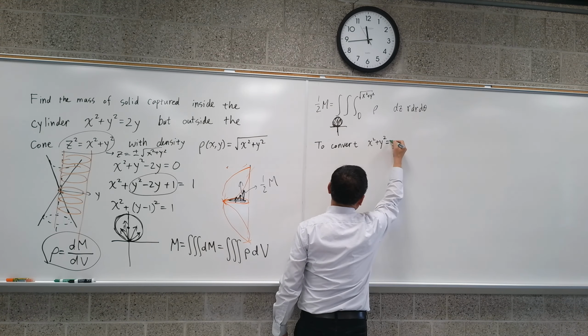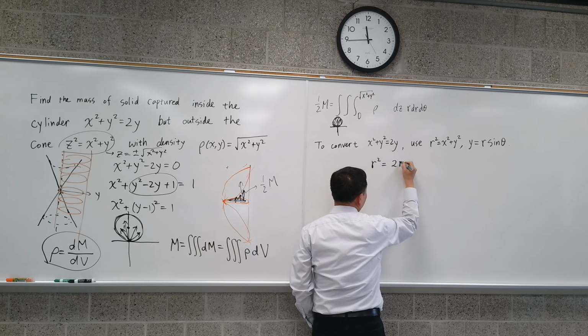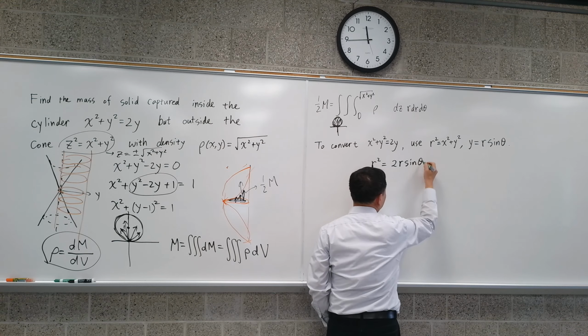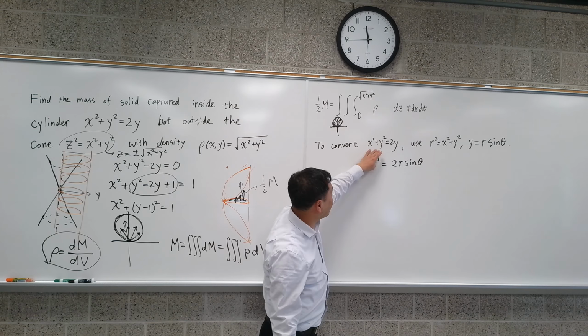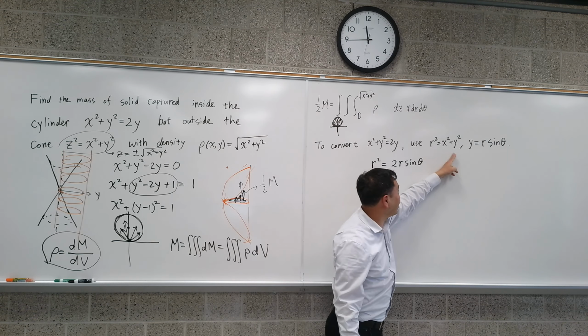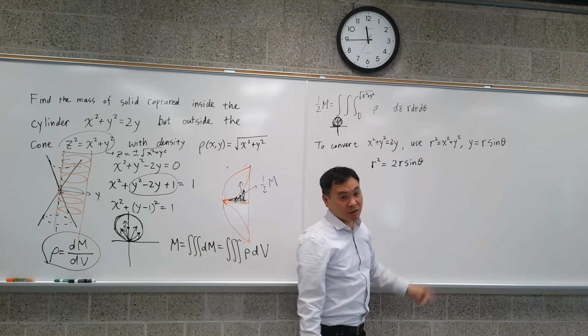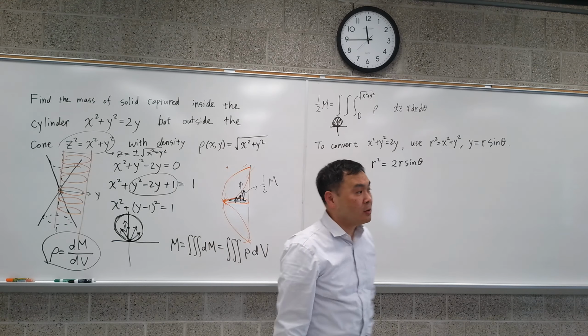So we use that, and let's see what we get. This side is going to give you r squared. On the right side we get 2 times y, but y is replaced by r sine theta. Okay. See what I did? I just replaced x squared plus y squared by r squared because they're the same, and y by r sine theta.